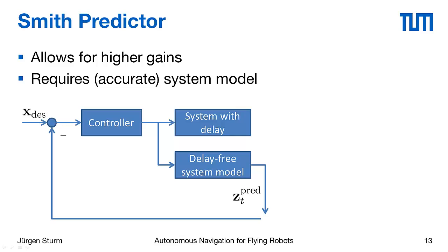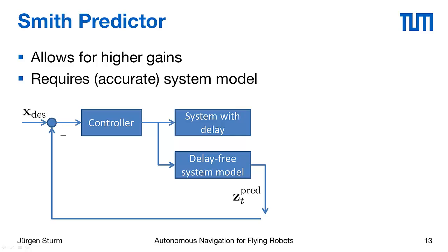And this model is delay-free, so it gives us immediately the expected observation from the system at the current time step, and we can then feed that back into the controller to compare it to the desired value.